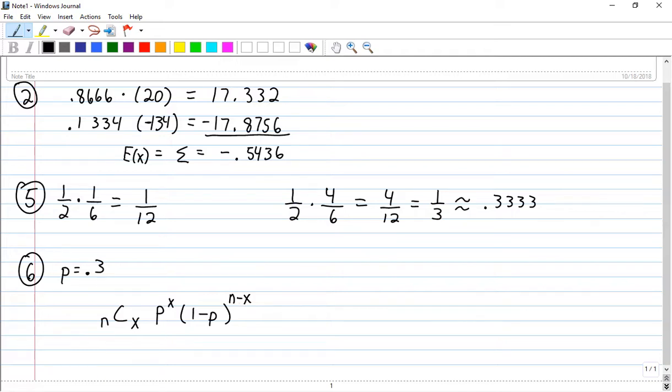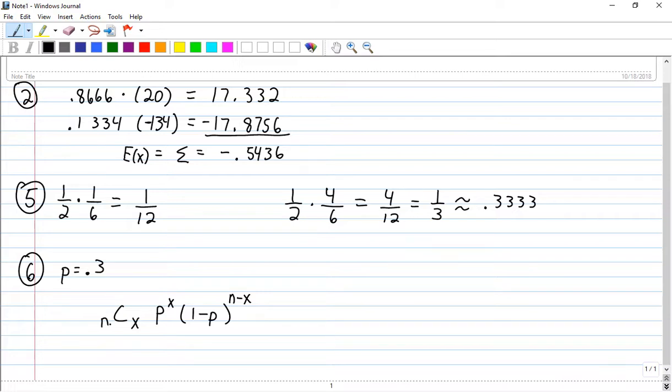Again, the reason why I missed this when I first worked it out is because it gives you a 70% kill rate for the insecticide, but it wants to know how many survive. So you have to use 0.3 for your p instead of 0.7.